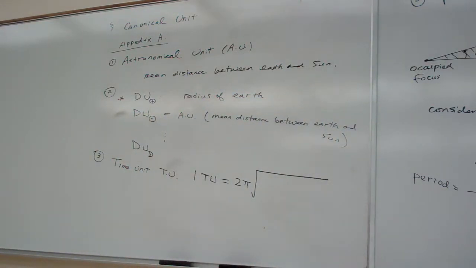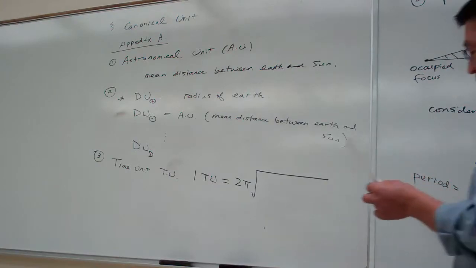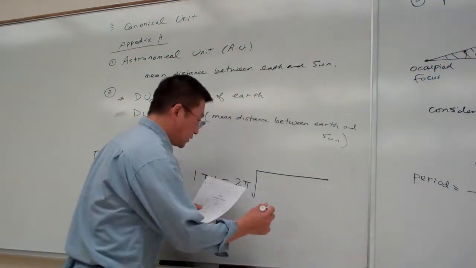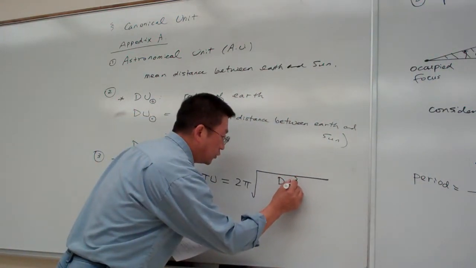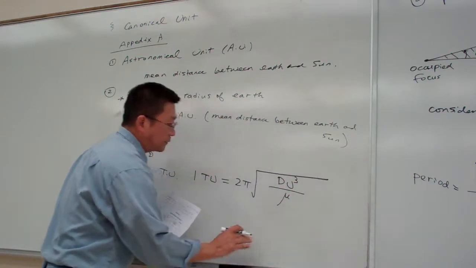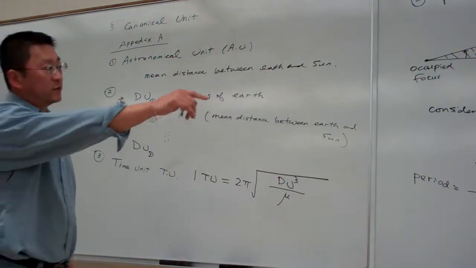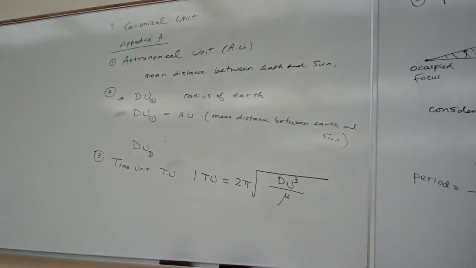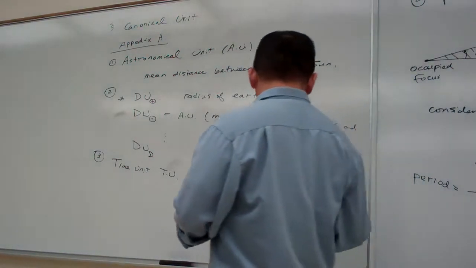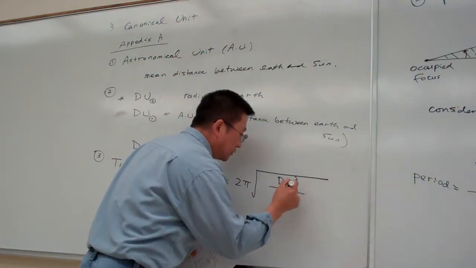So the TU used in our appendix is calculated by this, DU cubed divided by mu. So here I simply adopt this format for relating the time to the size of the orbit.